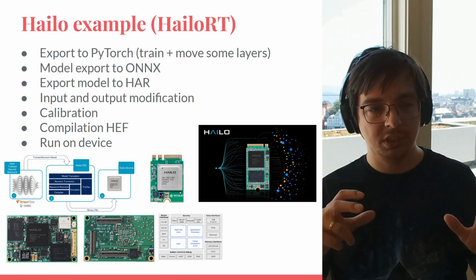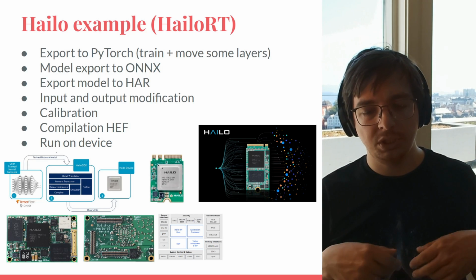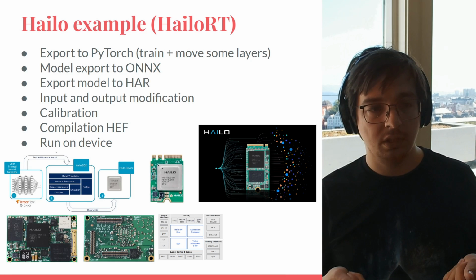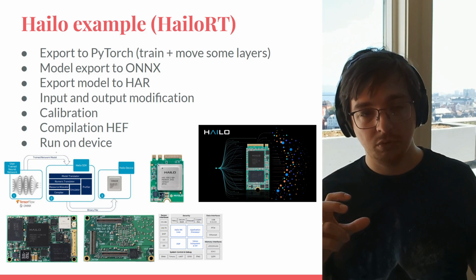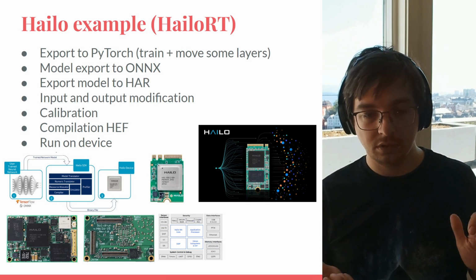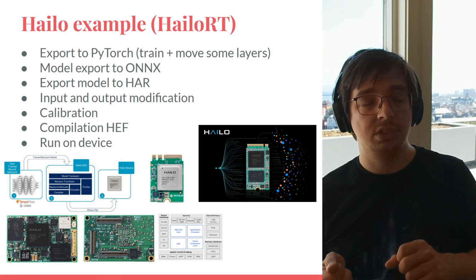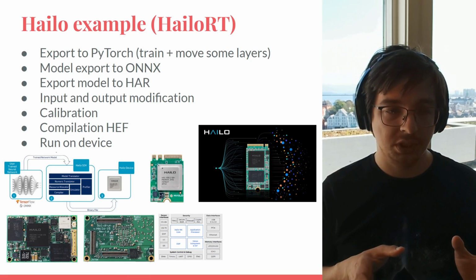After that, you need to export your model to HAR format, which is the internal model format for Hailo. After that, you need to modify your inputs and outputs to make it compatible with the specific device. After this, you need to perform calibration, and it's the trickiest part for Hailo.